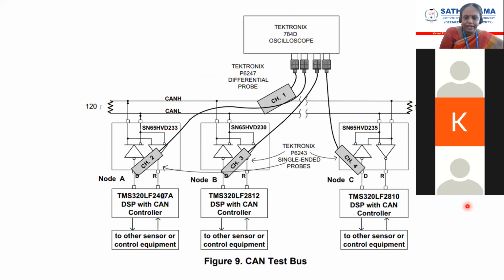We have different channels, and sensors play a very important role. From the sensor to the CAN controller, and from the CAN controller to the CAN transceiver and receiver, through that we connect to the CAN bus, which has two lines, CAN high and CAN low.